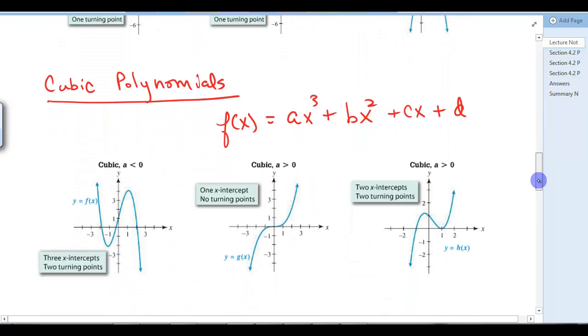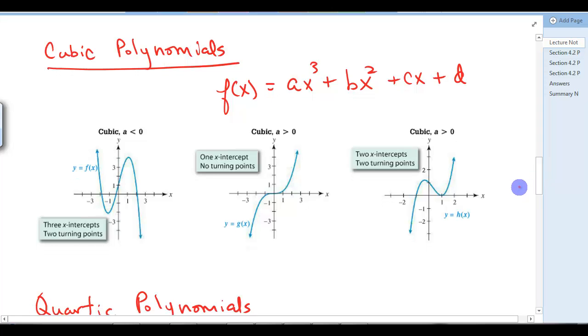All right, cubic. So this is the general form. It looks like a drain pipe. It can look totally like this, like this, like this. How many x-intercepts do we have here? We have 3. And how many turning points? We have one right here and one right here.